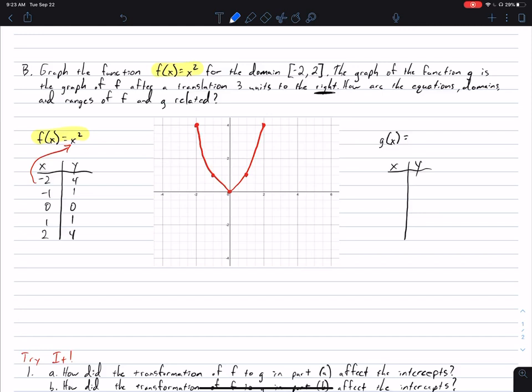representing x squared. And we're being told that this function is being translated 3 units to the right. So I'm going to take each one of my points and shift them to the right 3 places. So this point's going to move over 1, 2, 3 here. This is going to be 1, 2, 3.